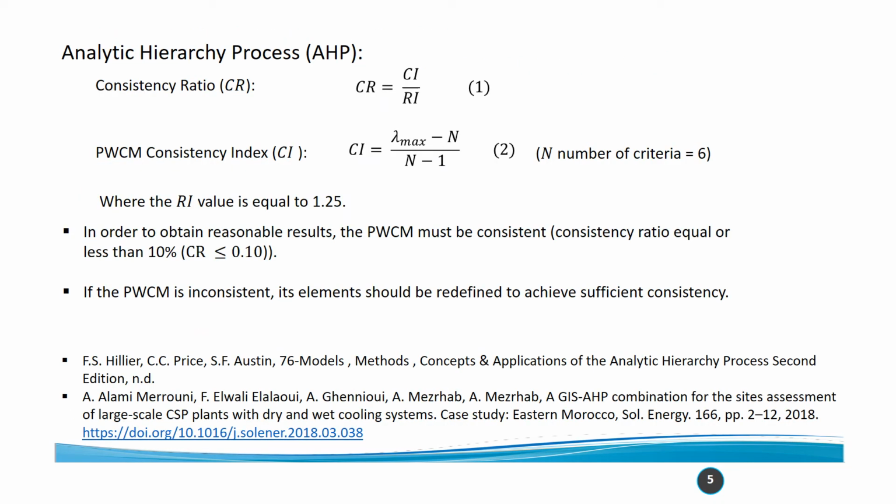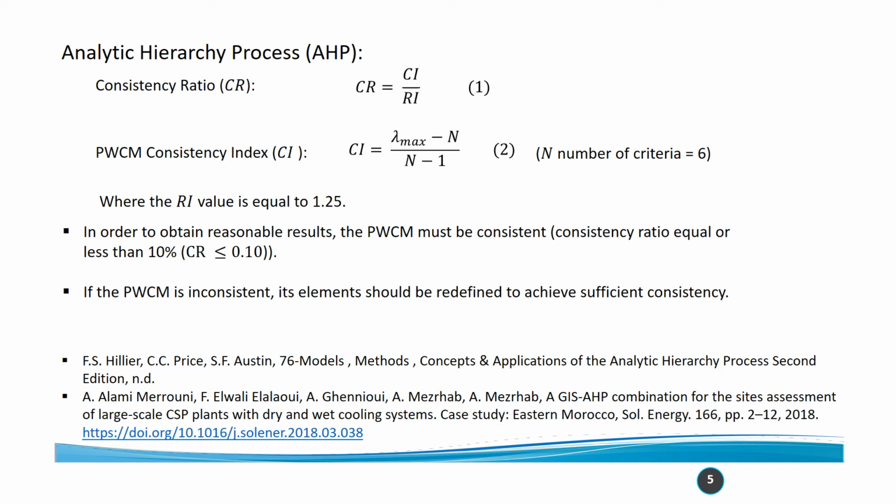During the pairwise comparison matrix establishment, inconsistencies arise due to the randomness associated with the criteria weights assignment process, in which we give an estimated weight to a criterion according to its importance over another criterion.